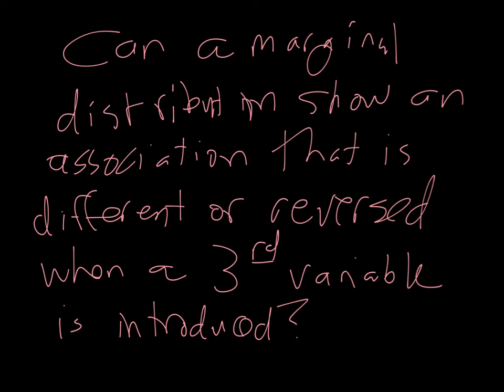But then usually part D or E, or whatever the last part of a problem is, they will say, hey, let's suppose this third variable is introduced. And it shows that whatever distribution I made originally is now different, or more likely reversed, knowing that we now have this third variable. Does knowing gender change the survival rate when looking at first, second, and third class and crew?